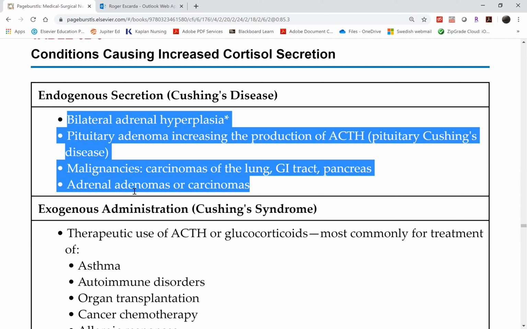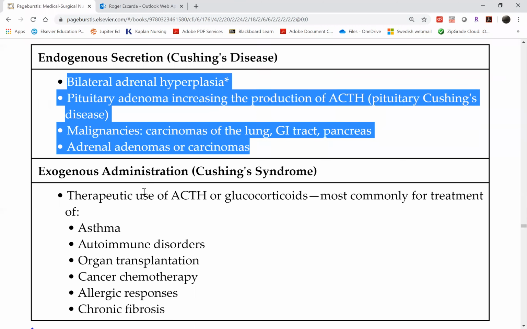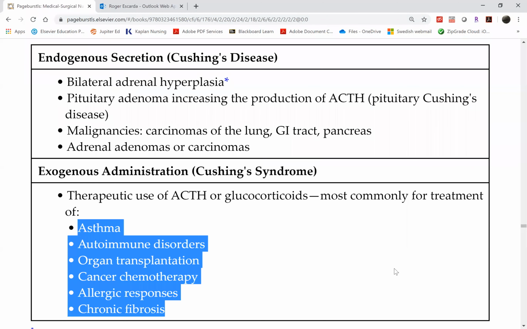Or you have adenomas again, this time on the adrenal gland. Cushing syndrome is from treatment for Addison's disease or treatment for these other conditions, meaning every person who's taking steroids for a long period of time can develop Cushing syndrome.